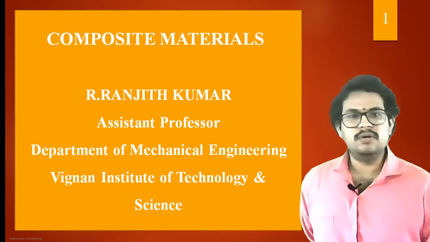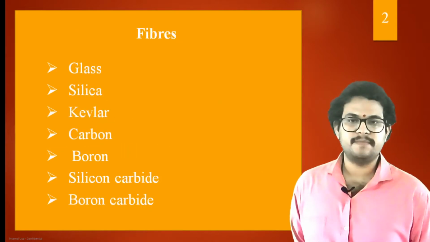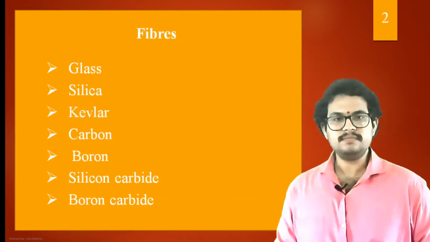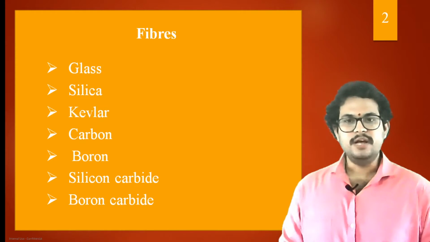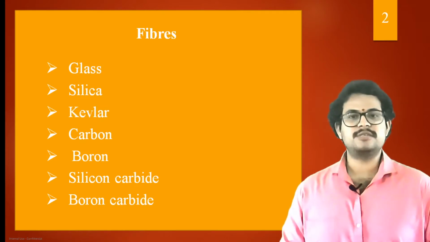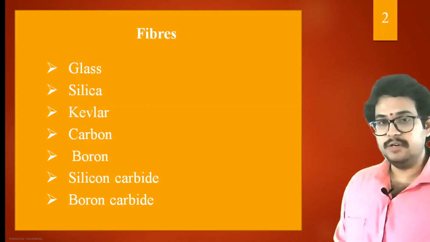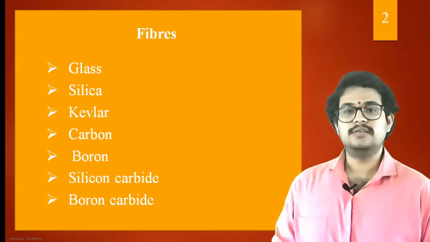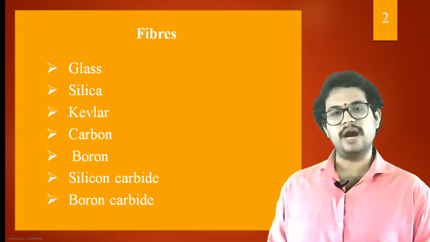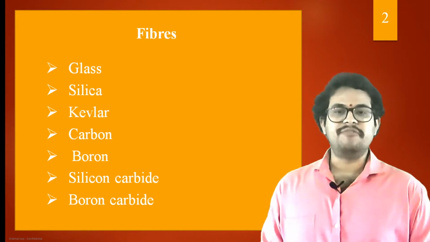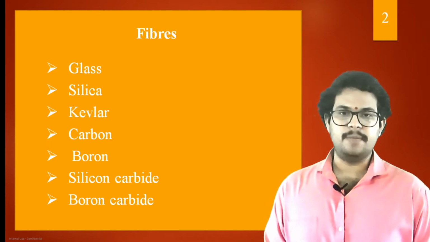Let me give you that list. Glass fiber being the first one, second silica fibers, third Kevlar fibers, fourth carbon fibers, fifth boron, sixth the fibers made of silicon carbide, and seventh the fibers made of boron carbide, right.